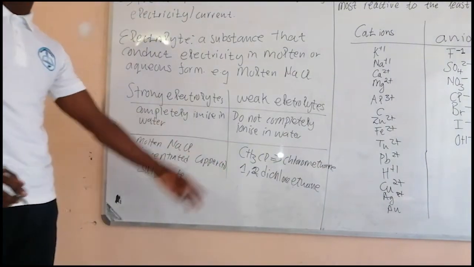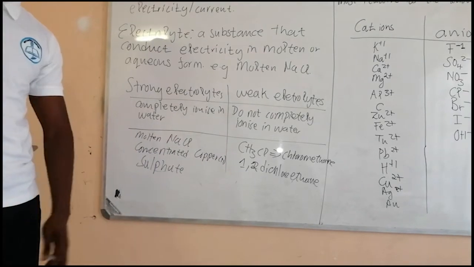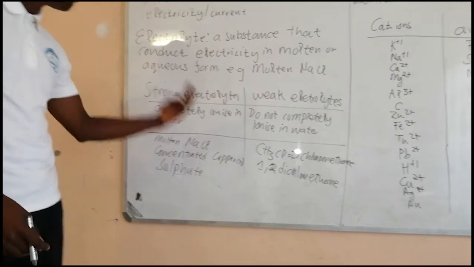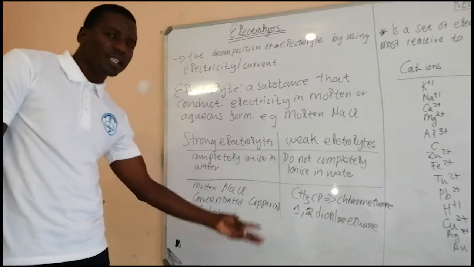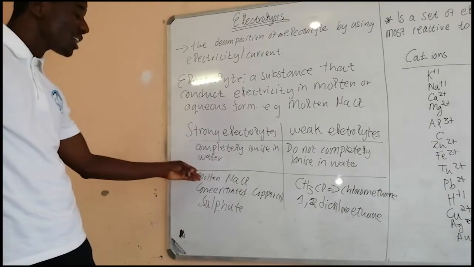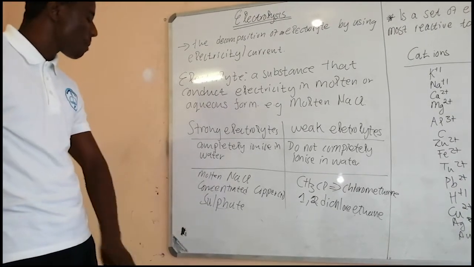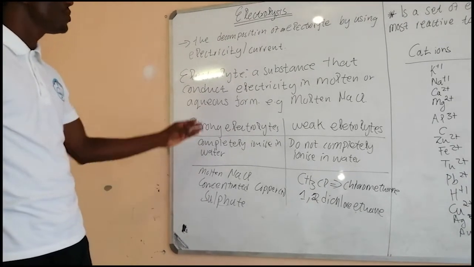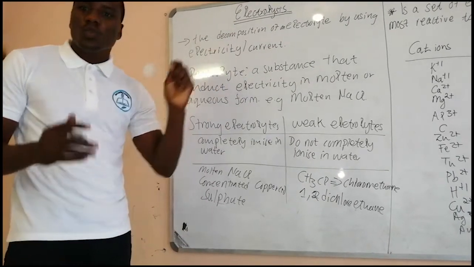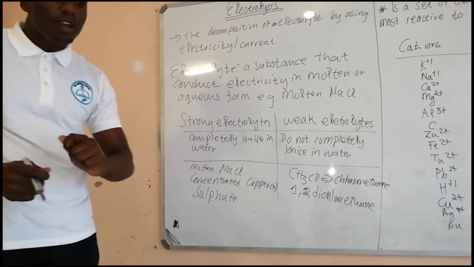These are weak electrolytes. They do not conduct electricity at all, either in molten form or in aqueous form. But the strong electrolytes conduct electricity in molten form, concentrated form, and even in aqueous form. Now, what you are left with is to talk about the two electrodes that we have.